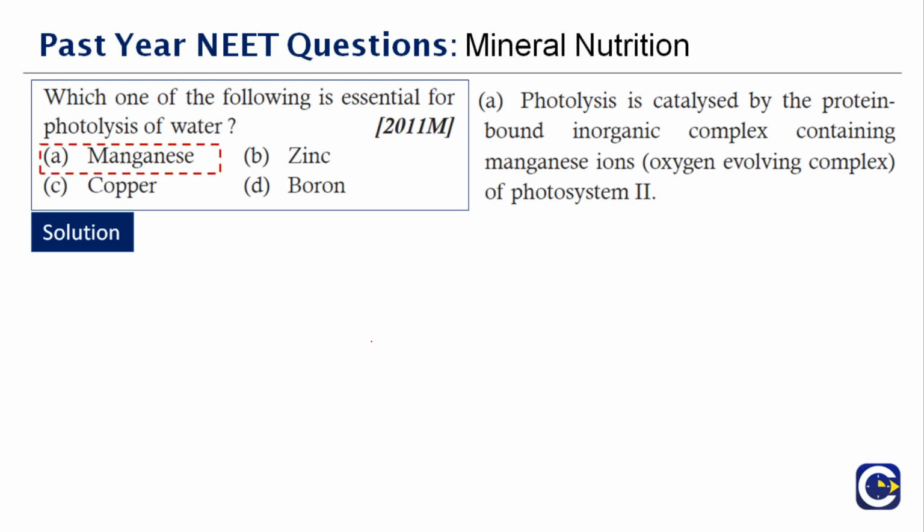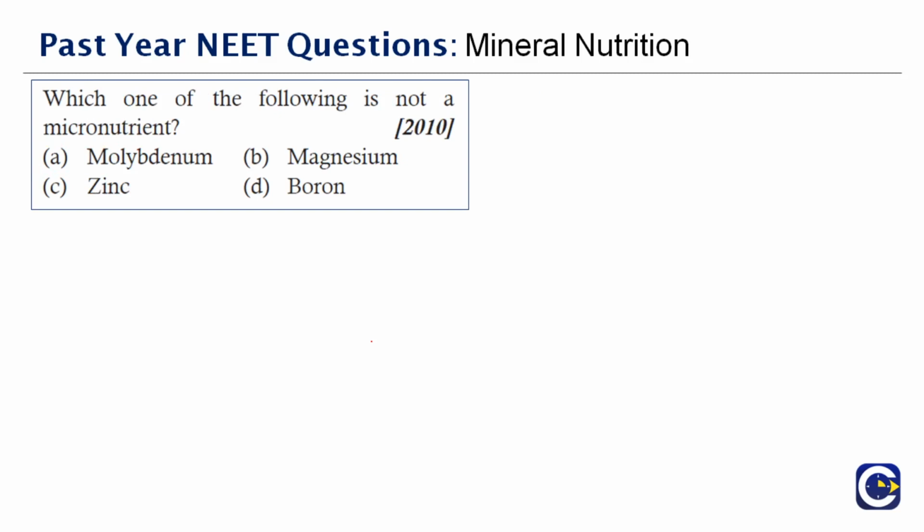Next question here. Which one of the following is not a micronutrient? Analyze and tell me. Zinc, boron, molybdenum. Magnesium is not a micronutrient. Micronutrients are essential elements required by plants in small amounts.